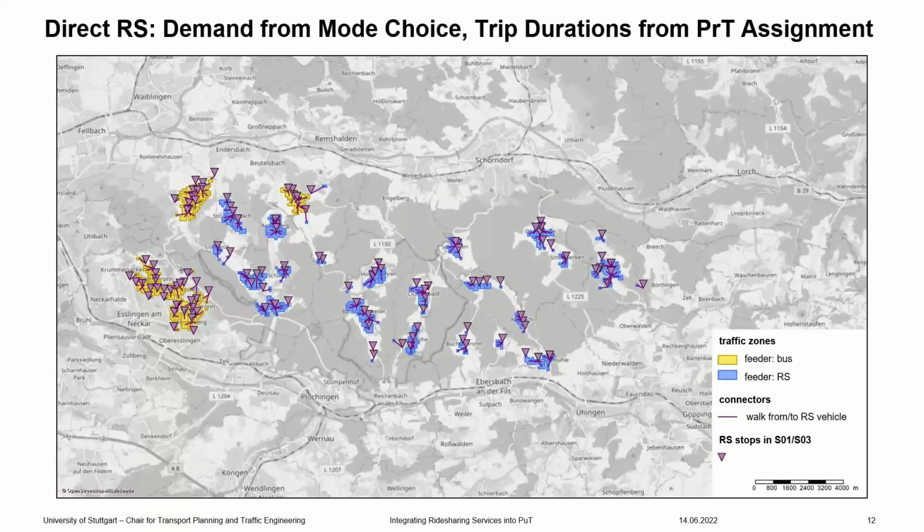Mode choice always needs input values, for example, trip durations, and these trip durations for direct ride sharing we get from a private transport assignment, where we assign the ride sharing vehicles to the road network. They are driving from ride sharing stop to ride sharing stop.